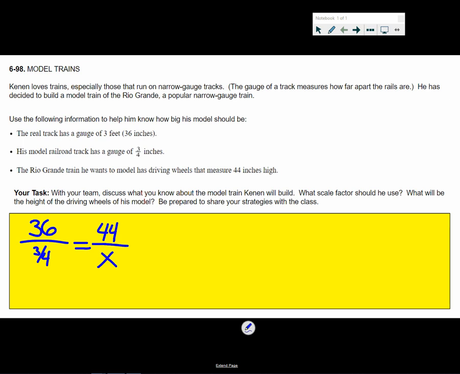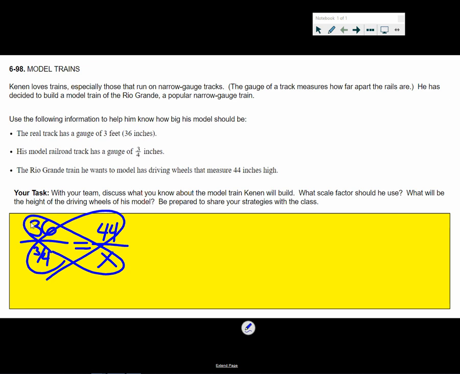To figure out the scale factor, what did I multiply 3/4 by to get 36? So I could do 36 divided by 3/4, which is 48, right? And then to solve this problem, I'm going to cross multiply.